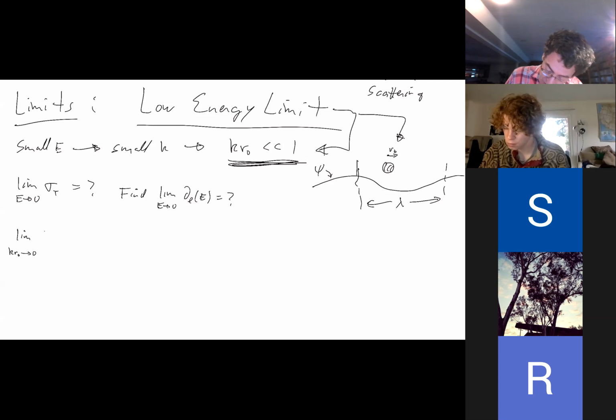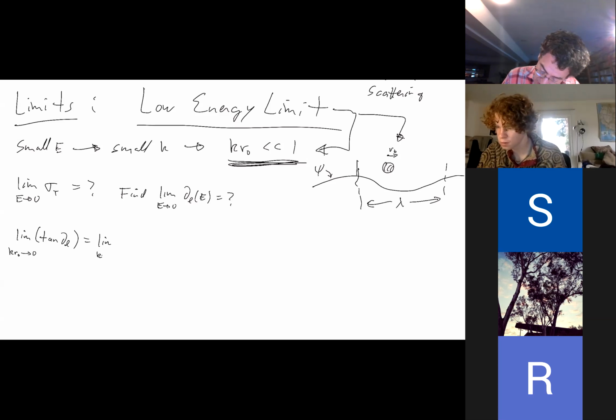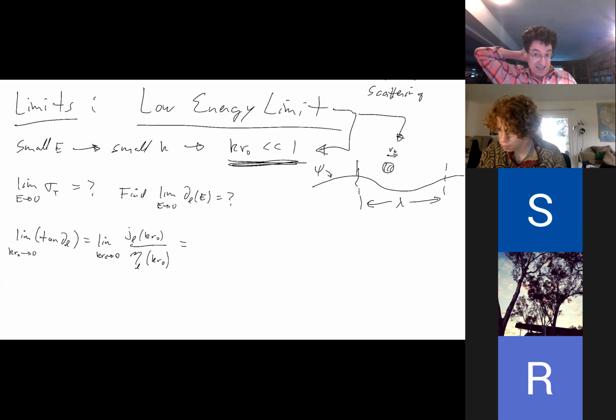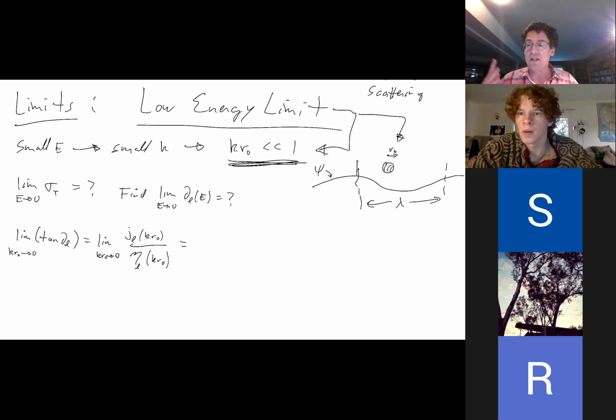And let's take the limit of the tangent of delta L, since that's easier, which is equal to the limit as K R naught goes to 0 of j sub L of K R naught over eta sub L of K R naught. Now we have to use the asymptotic limits of the Bessel function and the Neumann function.